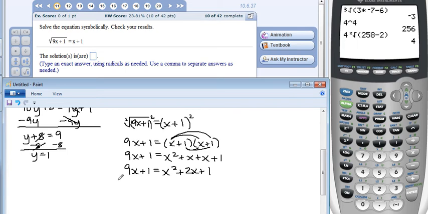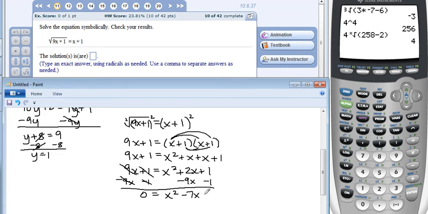So I want to get this all set to 0. So I want to subtract that, and I want to subtract that. These are both positives. So these are gone and these are gone, so all that's left on that side is just a nice 0. On this side, I have negative 7x's, right? I've got positive 2 and negative 9 for negative 7x's, and my 1's are canceling.